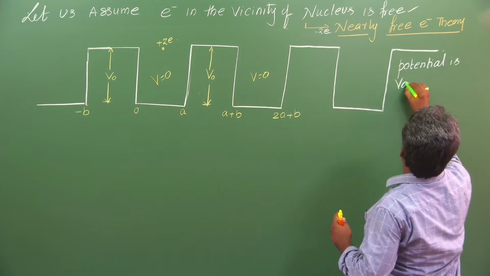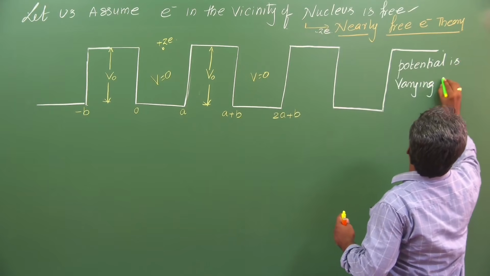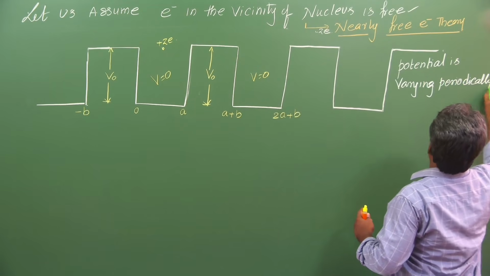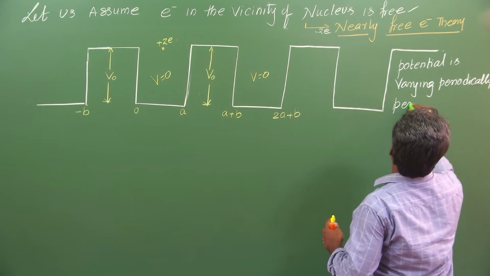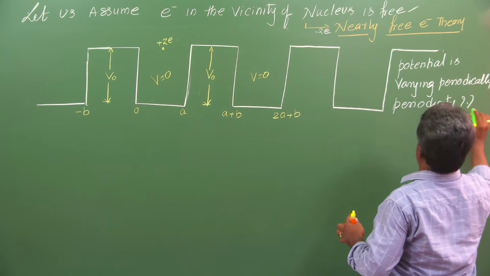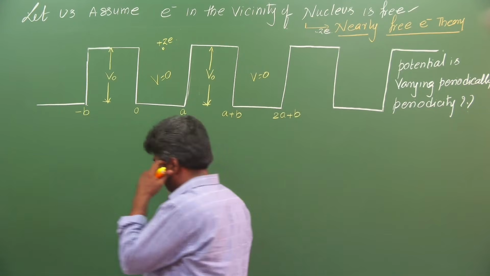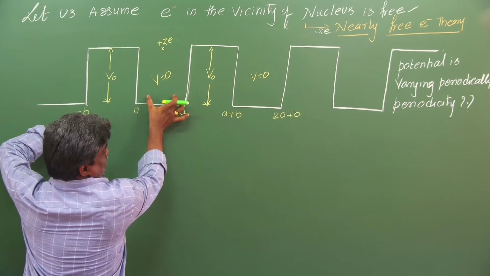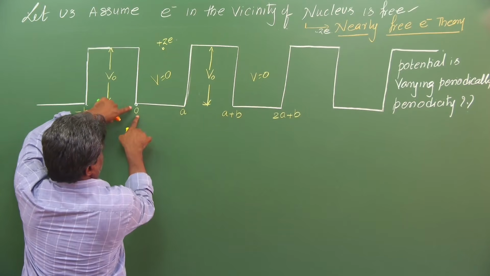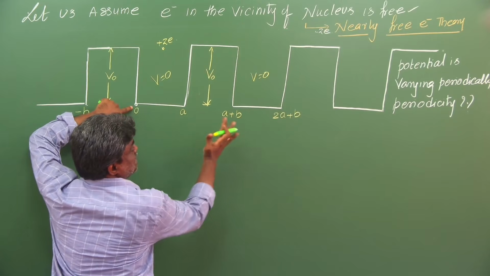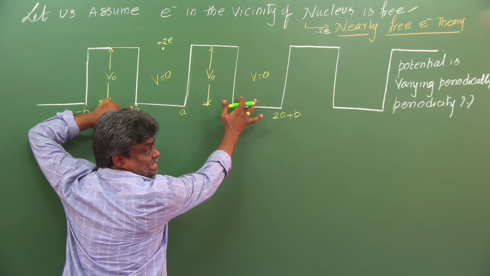Now carefully see. Is it a well? Yes. What is this side? Zero. Now again the first end of the well is here. Say yes or no?